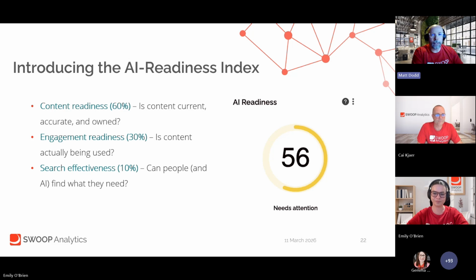And then finally, the search effectiveness. Obviously, it's the way Kjaer explained it. It does do these big, complex searches.